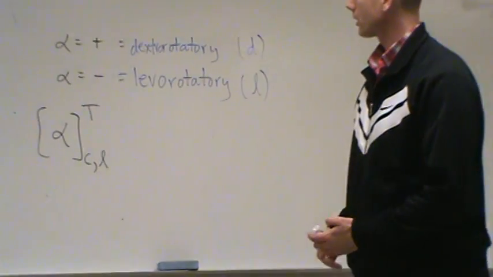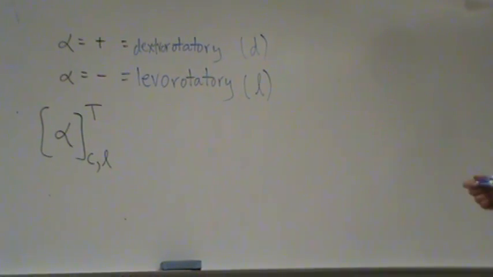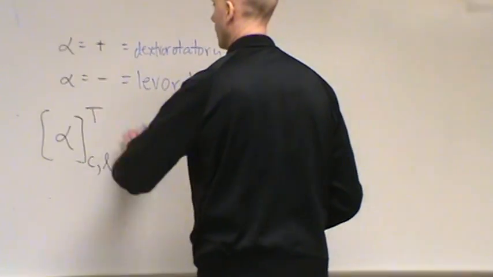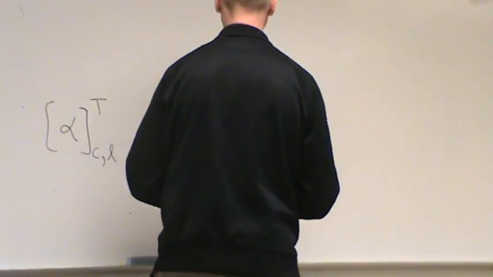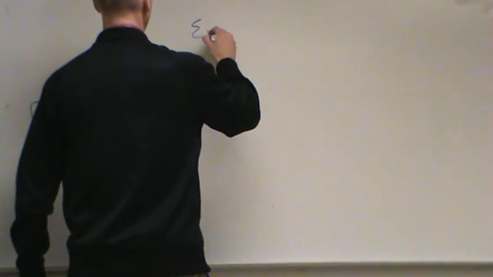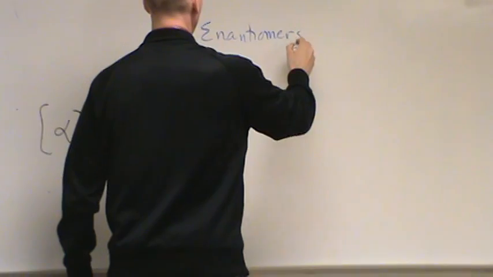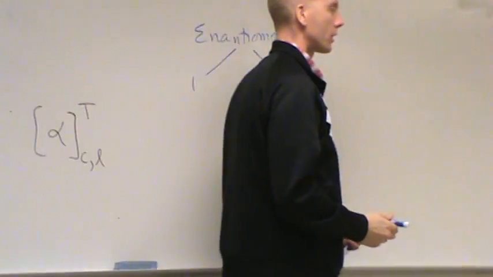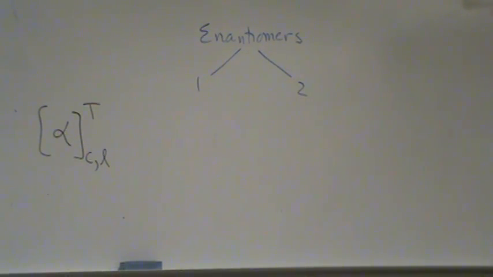Okay, so let's start seeing how this can help us with enantiomers. Let's say we had a pair of enantiomers. We'll just call them 1 and 2, whatever they are.